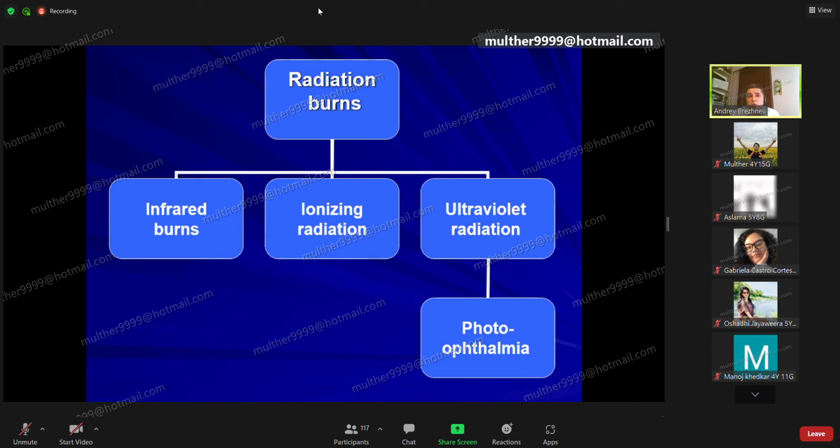Treatment: analgesics, topical, and if it's a severe pain, even oral. Antibiotic drops and ointment just to prevent secondary inflammation. Cold compresses. And sometimes we can use special ointments with vitamin A, for example, with hyaluronic acid to increase the speed of epithelium recovering.